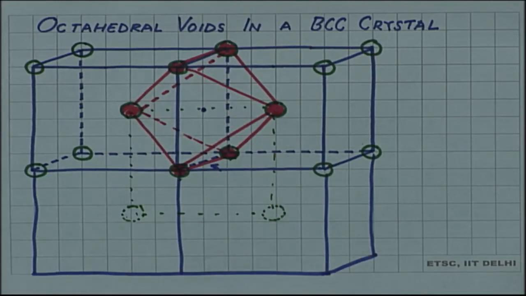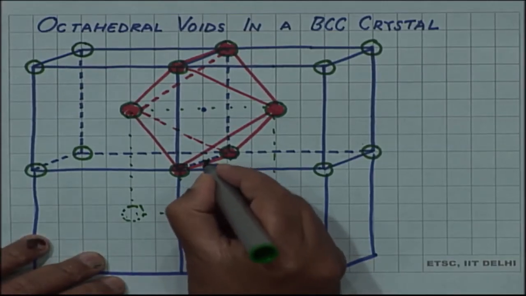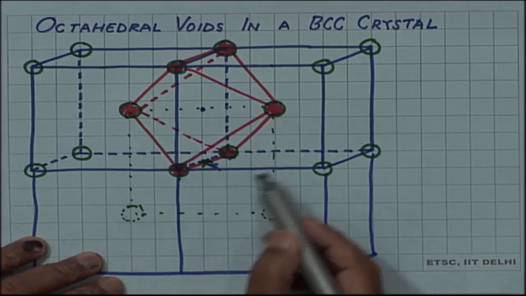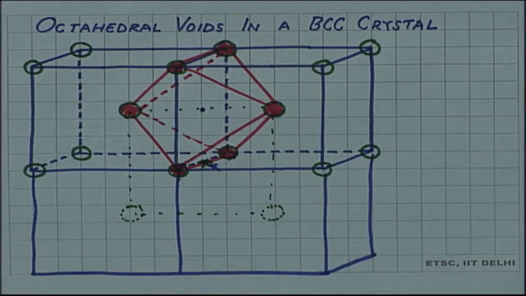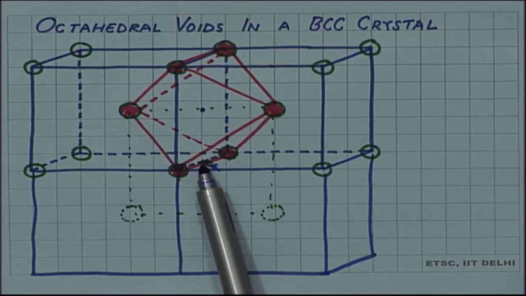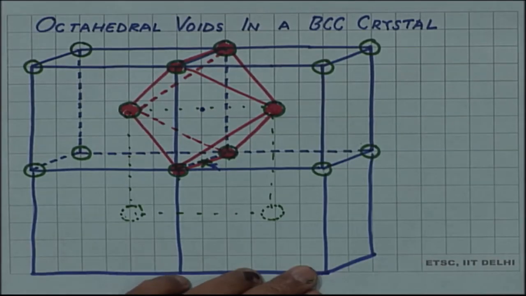So, there is an octahedral void also located at the midpoint of each edge, because the centroid of this new octahedral void will be at the edge center. This means that we have an octahedral void at the face centers and an octahedral void at the edge centers. Let us note that.